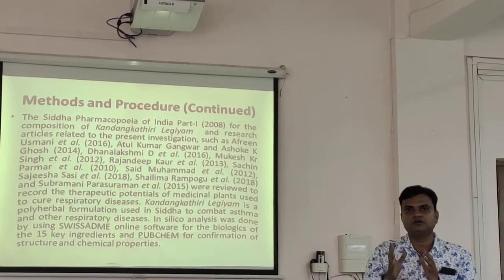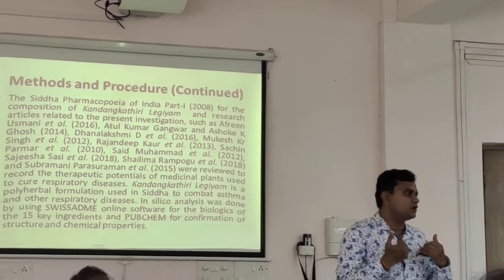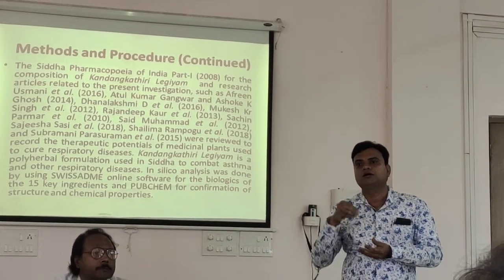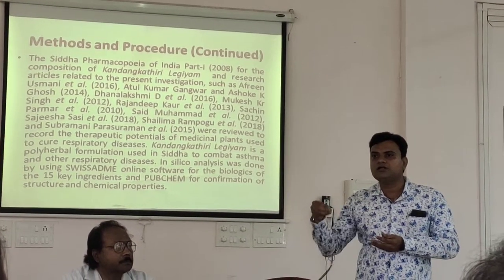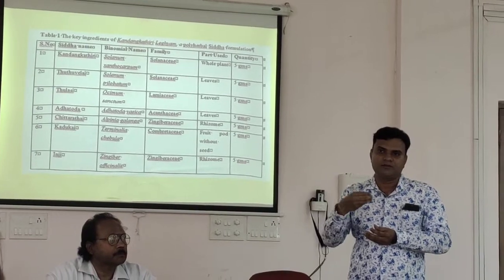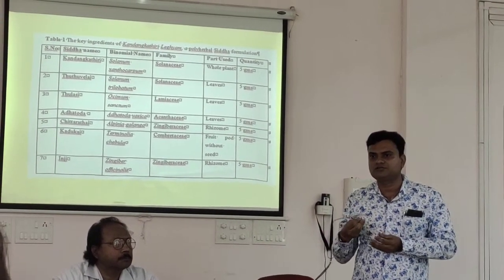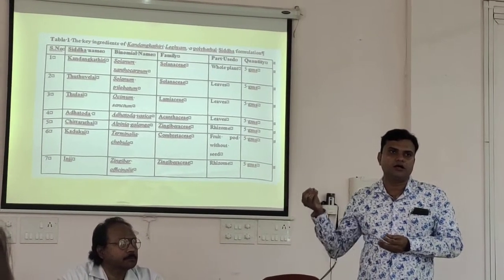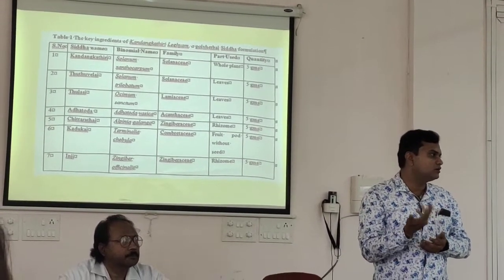Thus, what I want to conclude is that our Siddha and Ayurveda system is safe for human health, and we must imbibe our traditional system of medicine in our school curriculum through a spiral way of learning. From class 6 to 12, gradually we must have at least a lesson, starting from one box item in class 6, and up to class 12 at least a lesson on Ayurveda or Siddha and our traditional practices.